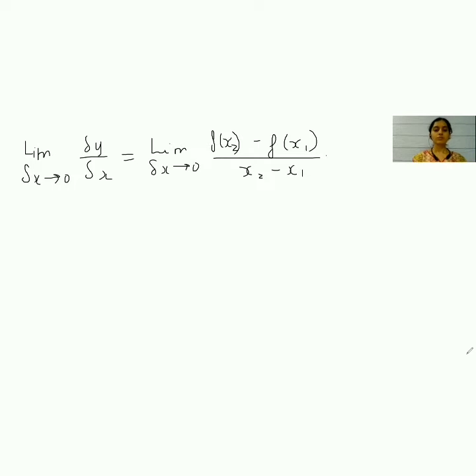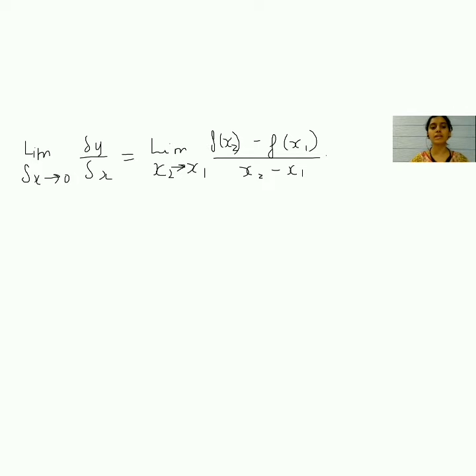Here, this will be limit x2 tending to x1, that is, x2 is approaching x1. So this side it will not be delta x. It is becoming 1 point. So we have f of x2 minus f of x1 upon x2 minus x1.